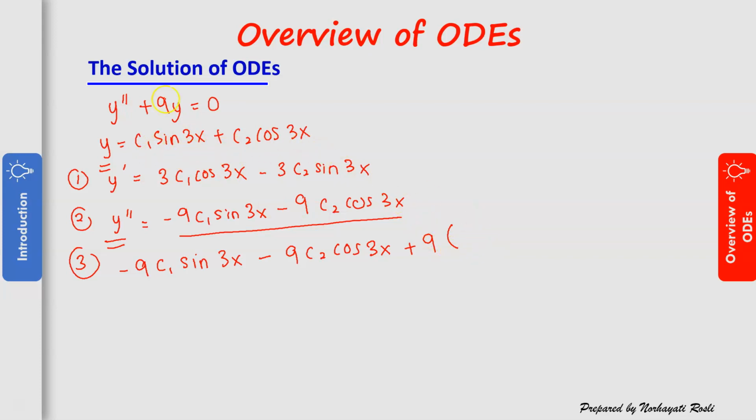So we substitute 9y with this part: c1 sin 3x plus c2 cos 3x.